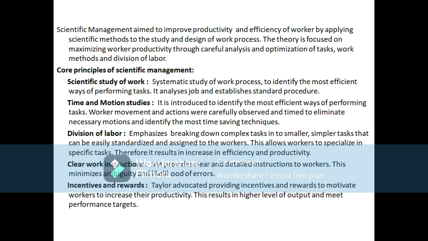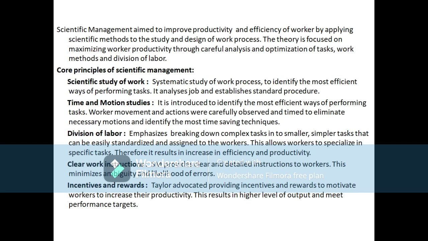Next one is incentives and rewards. Taylor advocated providing incentives and rewards to motivate workers to increase their productivity. This results in a higher level of output and meeting performance targets. Incentives and rewards are nothing but encouraging the worker in the form of monetary or non-monetary funds. Why?